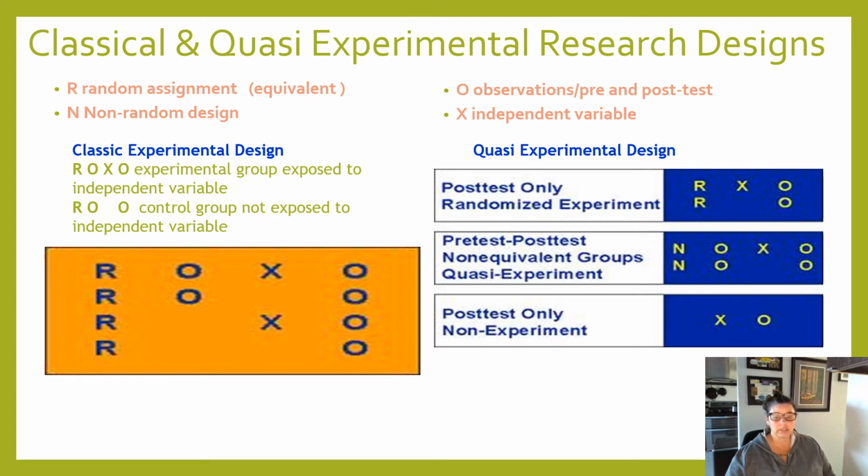So random assignment and experimental research designs in general lend themselves towards validity and reliability, and therefore lend themselves towards generalizability, meaning you can generalize from your sample to your target population and possibly even to the general population.